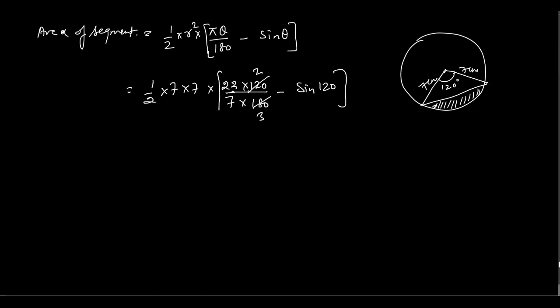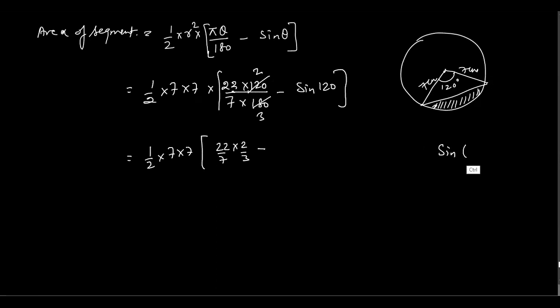Now what you need to do here is write 1/2 into 7 into 7 into bracket 22 by 7 minus the value of 22 by 7 into 2 by 3 minus this sine 120. So you have to write sine 90.